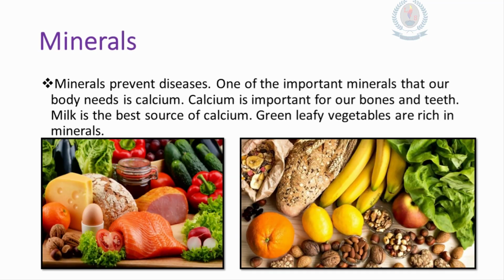Right. The next category is the minerals. So we'll see what minerals are doing for us. Minerals are preventing diseases. One of the important minerals that our body needs is calcium. Calcium is important for our bones and teeth. Milk is the best source of calcium. Green leafy vegetables are rich in minerals.